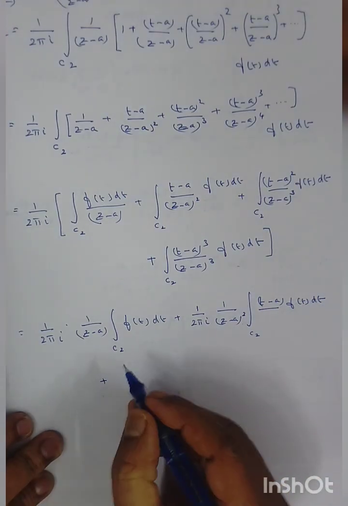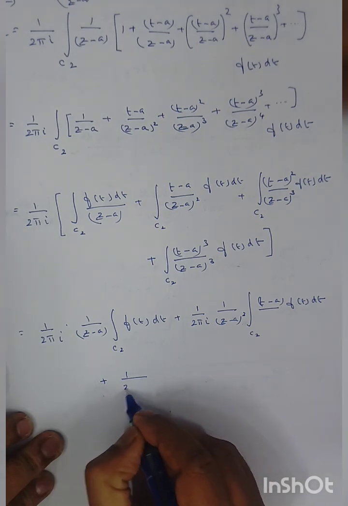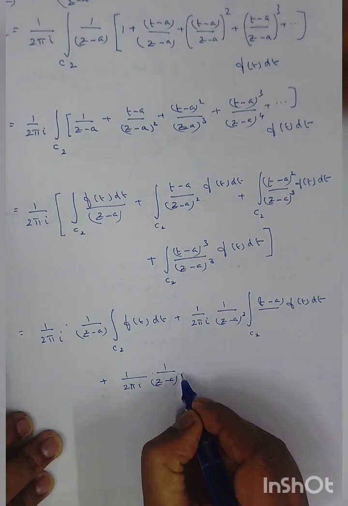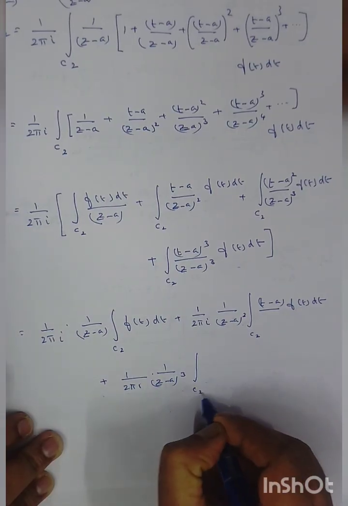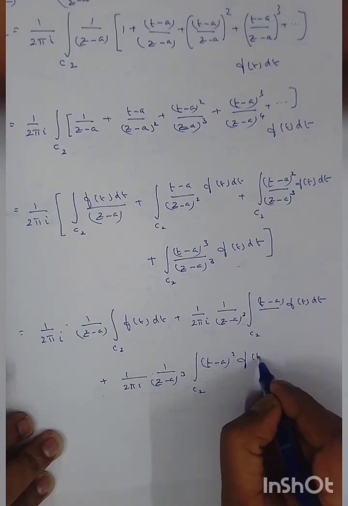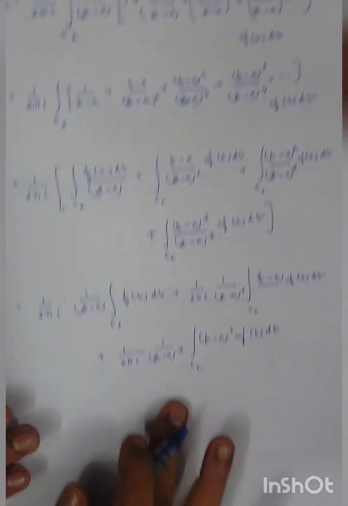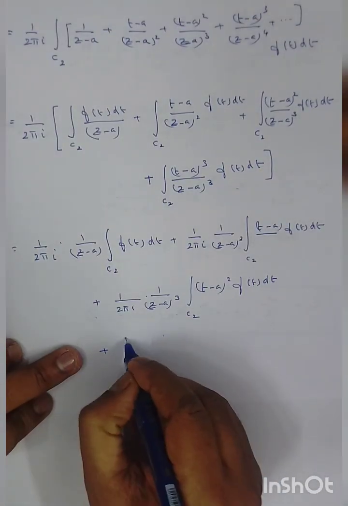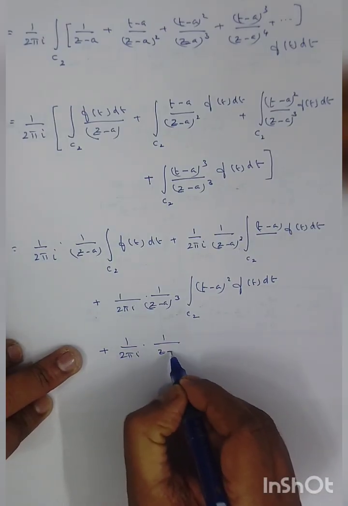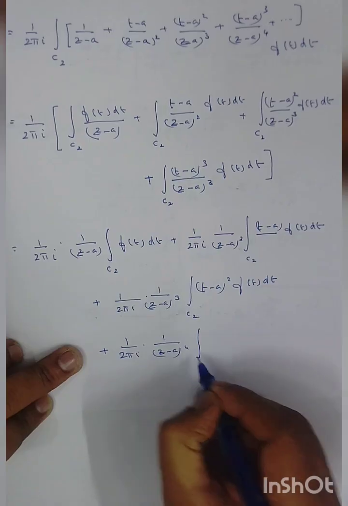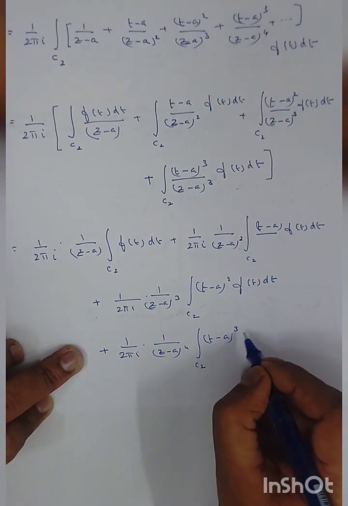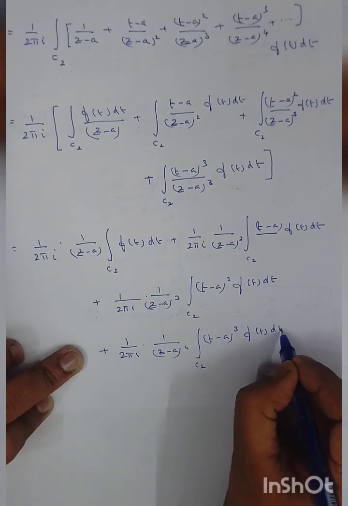For the third term, 1 by 2 pi i, 1 by (z minus a) the whole cube, C2 (t minus a) the whole square f of t dt. Then for the fourth term, 1 by 2 pi i into 1 by (z minus a) the whole power 4, closed integral of C2 (t minus a) the whole cube f of t dt.